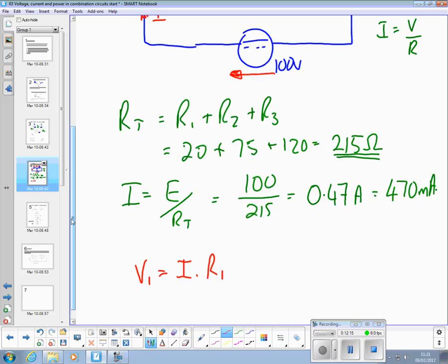If we want the volt drop across R1, we isolate and just use the resistance for R1. So that's 0.47 times the value of R1, which is 20, equals 9.4 volts.